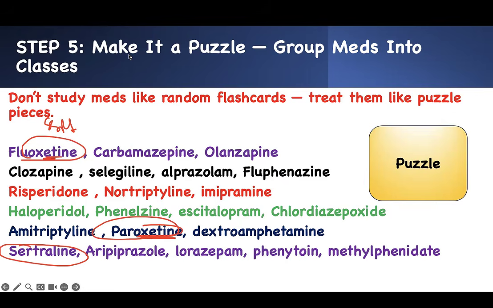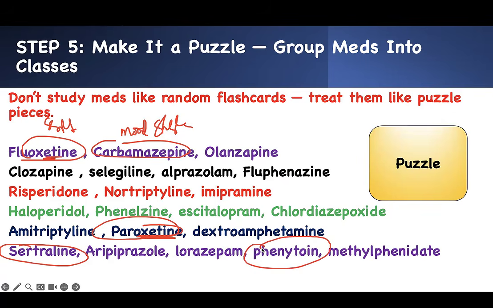The next thing is, I see carbamazepine. What is this? It's a mood stabilizer. It's an anti-epileptic. So it's a mood stabilizer like lithium. You can put them together. Do you see any more mood stabilizers? I see phenytoin. It's a seizure medication.